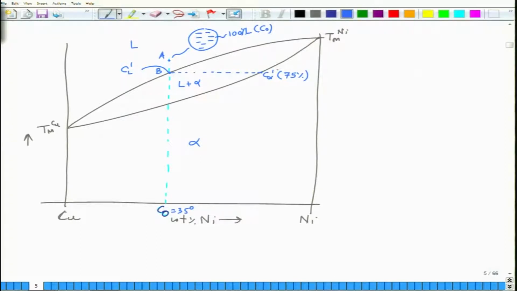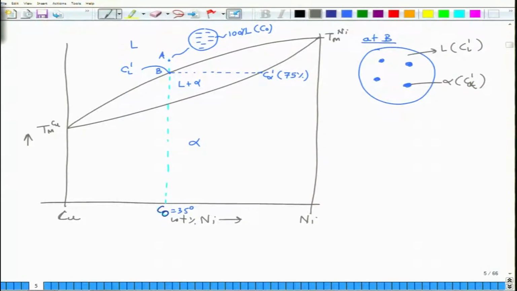Now what will happen at this point, if I look at the microstructure at B, you have tiny crystals of alpha formed, and the remaining is all liquid. So you have liquid of composition Cl1 and alpha of composition C alpha 1.